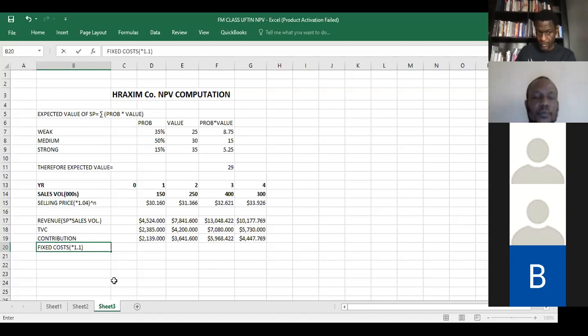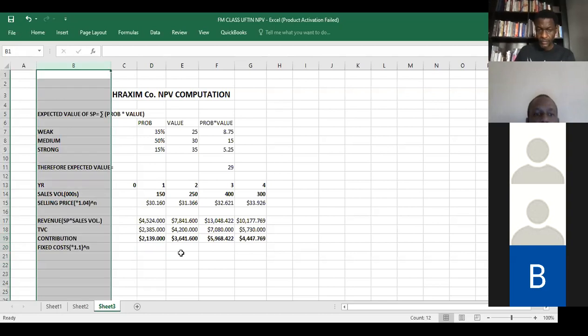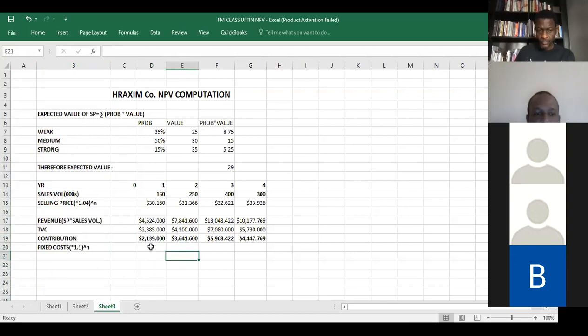So our fixed cost now will be equal to 400 multiplied by 1.1 raised to the power of our year one. And then we can drag that.